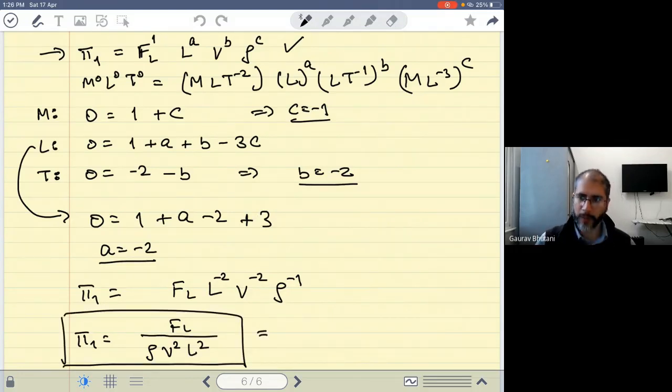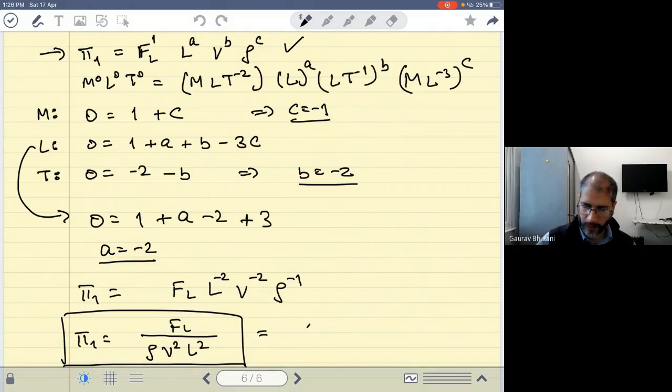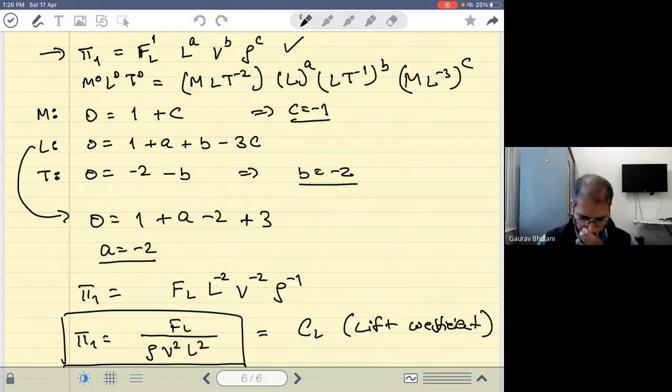And if you remember the discussion from last lecture, this we call the CL, the lift coefficient. So that was pi1. You can see that the expressions, the lift coefficient and the Reynolds number I wrote last time, we are actually getting that by ourselves.